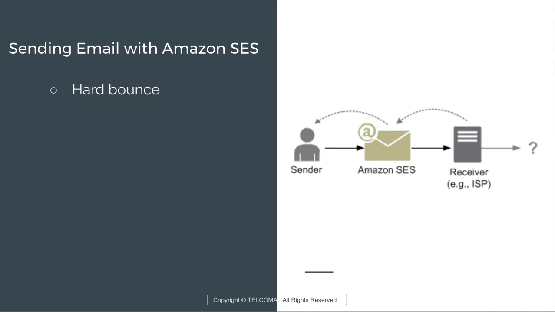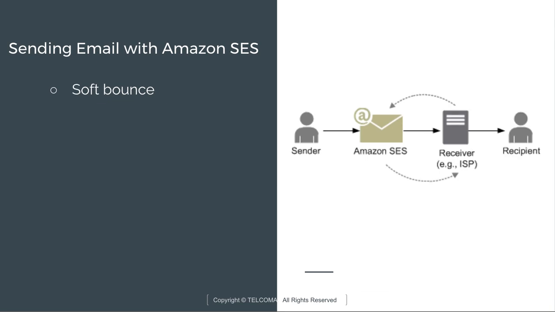Next, a hard bounce: sender, Amazon SES, receiver, but no recipient is present, so we have a hard bounce back to the sender. Then we have a soft bounce: sender to SES, SES to receiver, receiver to recipient, but the receiver bounces the message back to Amazon SES.